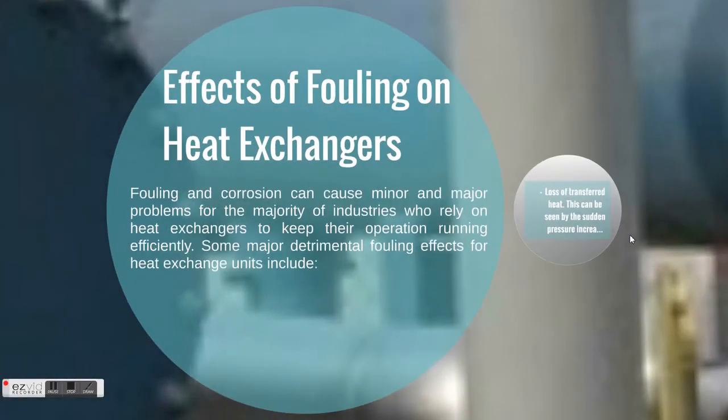Now, the effects of fouling on heat exchangers. Fouling and corrosion can cause minor and major problems for the majority of industries who rely on heat exchangers to keep their operation running efficiently.